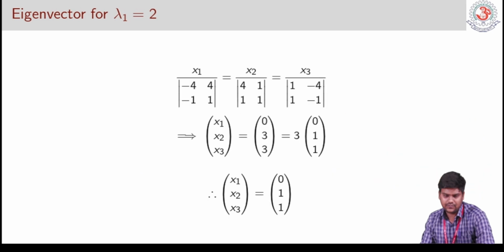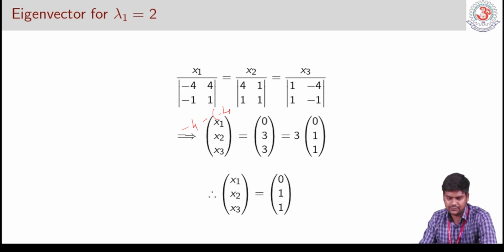See here. So x1 will be the determinant of this one, x2 the determinant of this one, x3 the determinant of this one. We already know that the 2 cross 2 determinant is the product of the main diagonal minus the product of the opposite diagonal. So here minus 4 minus of minus 4, that is minus 4 plus 4, 0.